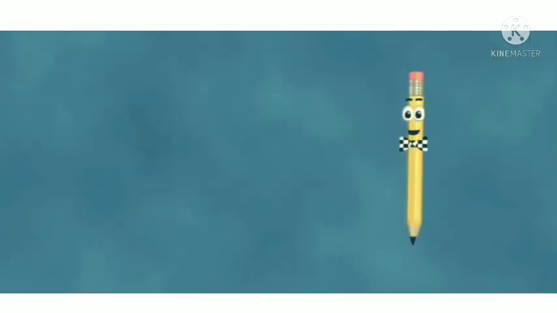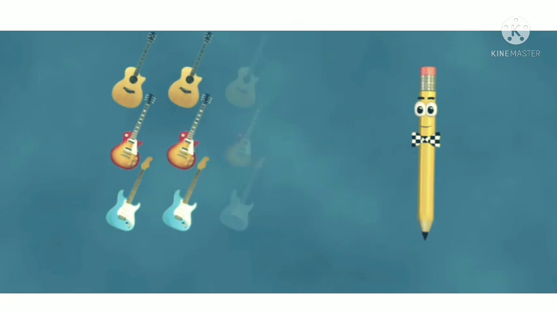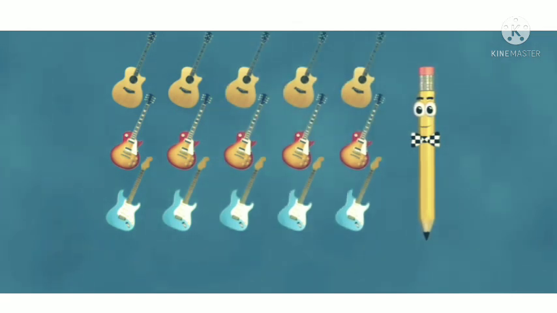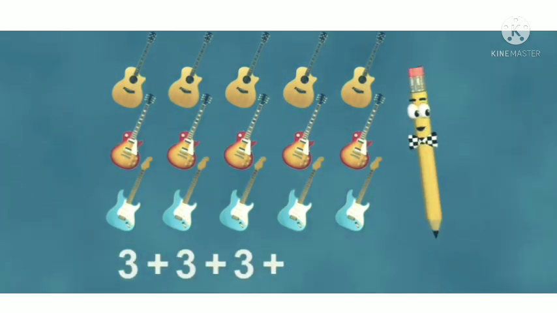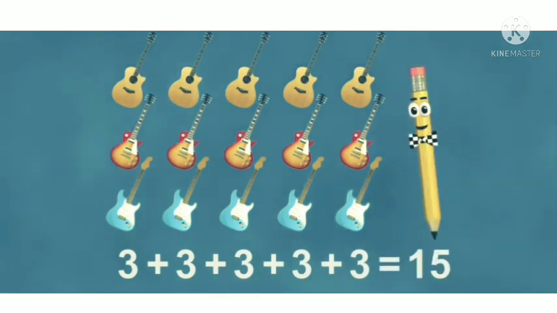Suppose you have 3 guitars. Ooh, I like the way that one sounds. Me too. Now, imagine you have 5 groups of 3 guitars. Whoa, Marco, that's a lot of guitars. How many are there anyway? Well, you could add 3 plus 3 plus 3 plus 3 plus 3, which gives you 15.